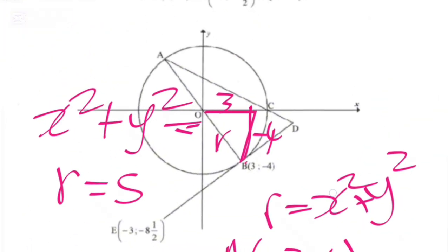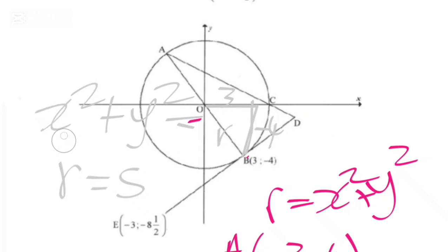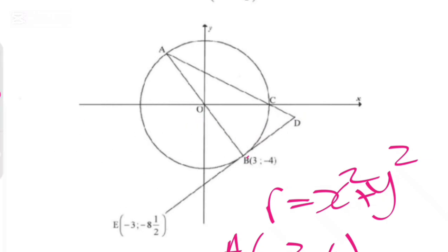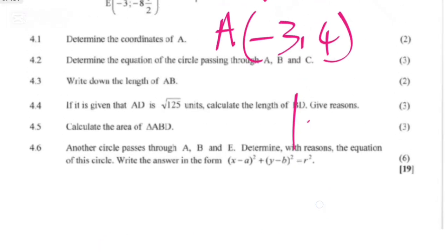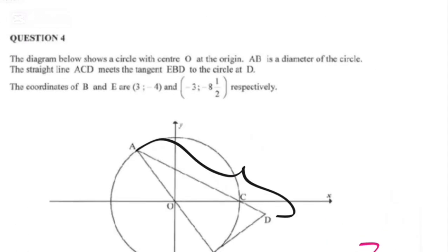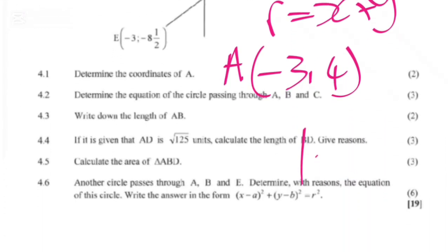Do you see AD? AD is this one, and the value is given as root 125 units. Calculate the length of BD.